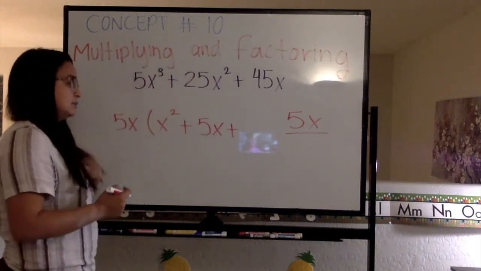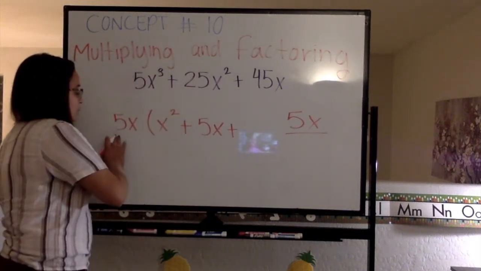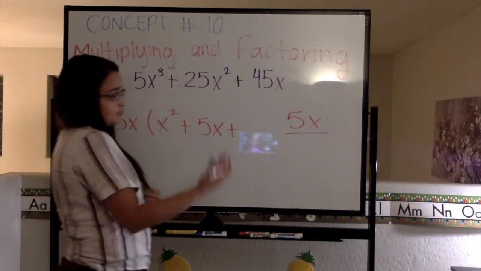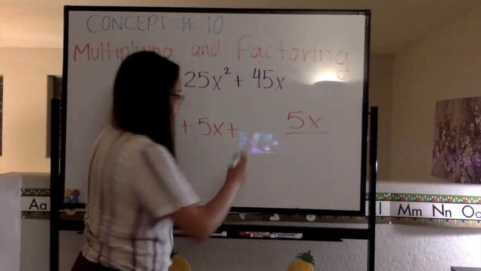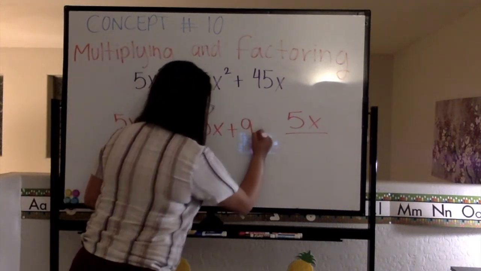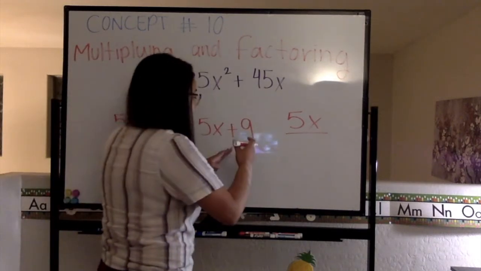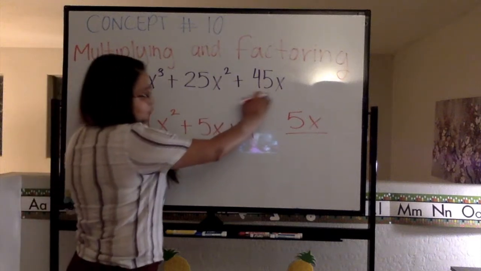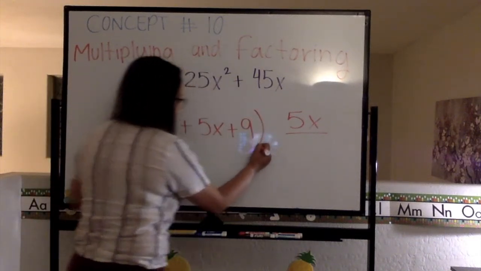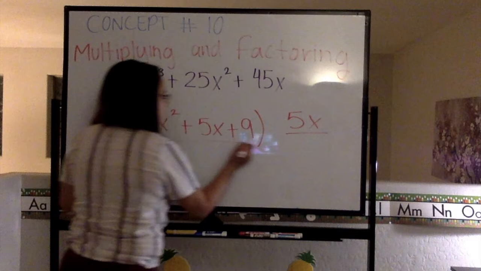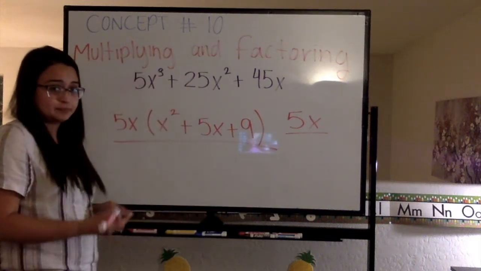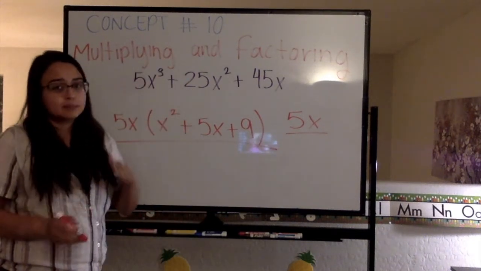And for our last one, what times 5 equals 45? 9. And since we're multiplying 5x times 9, our answer would be 45x. And this is what it would look like in factored form. Simple enough, right?